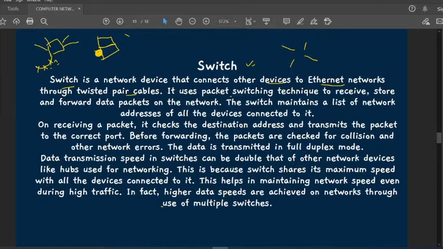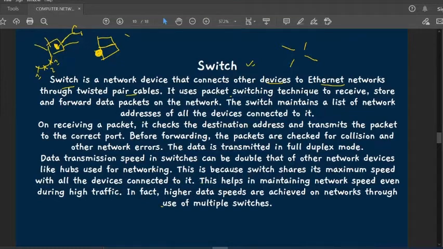Suppose I name them 1, 2 and 1. Now I need to send one packet to computer 1. The router can check the address. Suppose the address is 1, so it checks the IP address and then sends it only to computer 1. That's the difference.